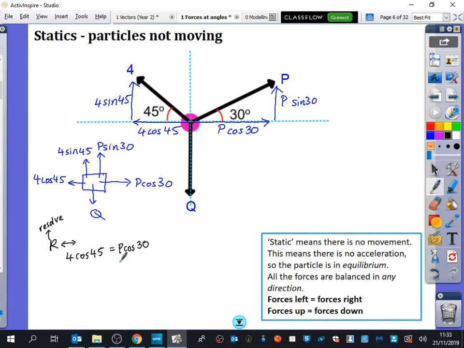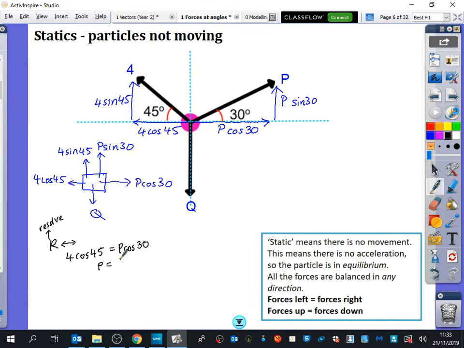So solving that equation on our calculator and doing 4 cos 45, we can just go straight in with calculators for this because it's always going to be numbers at the end of it anyway.